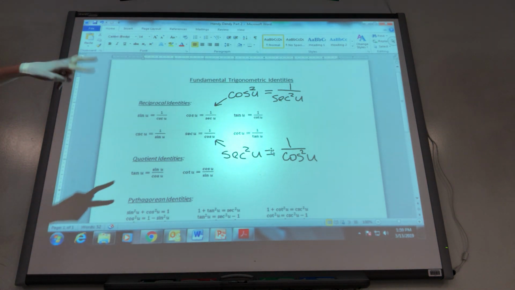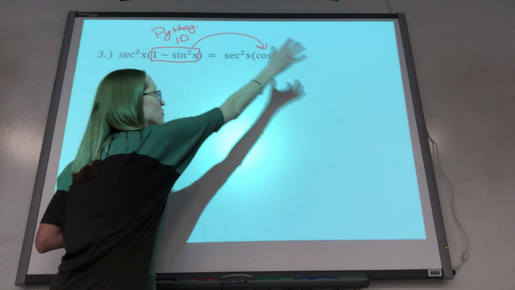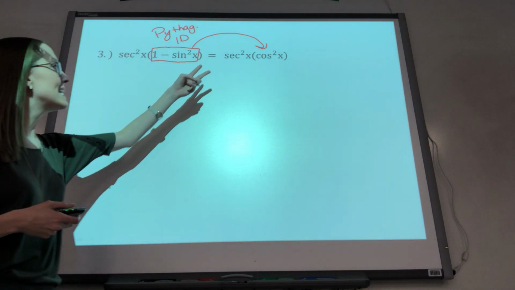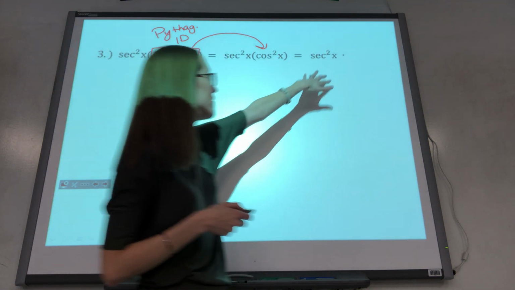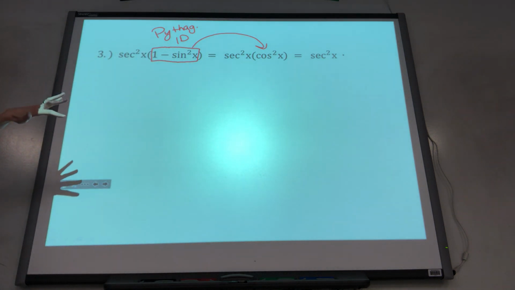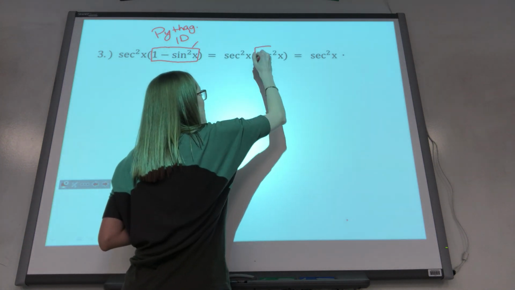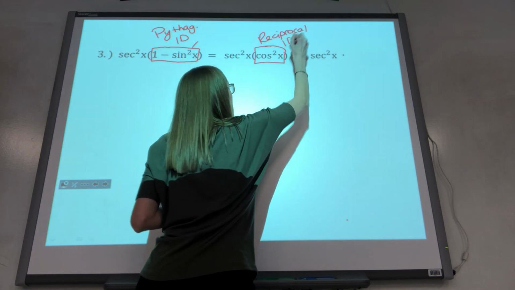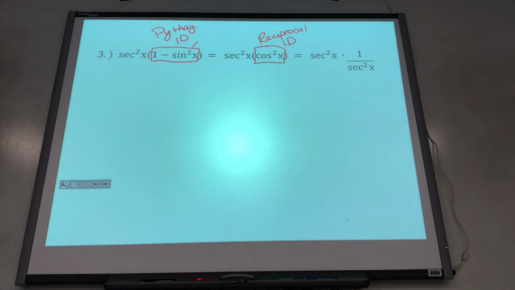Now, having said that, there's really two different ways that you could finish this problem, and I'm going to show you both ways. What I did in the PowerPoint was I kept cosine squared of x. I didn't change that part, but I used my reciprocal identity on the secant squared of x to turn it into 1 over cosine squared of x.